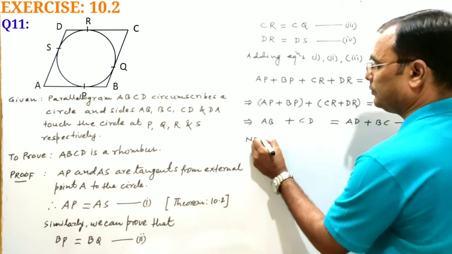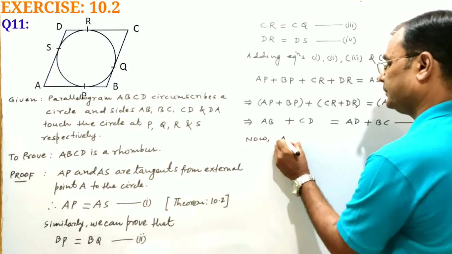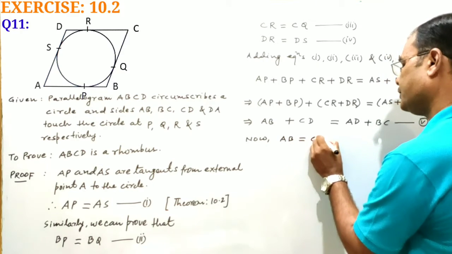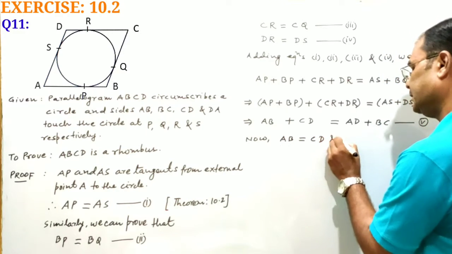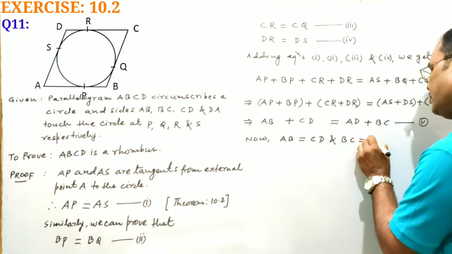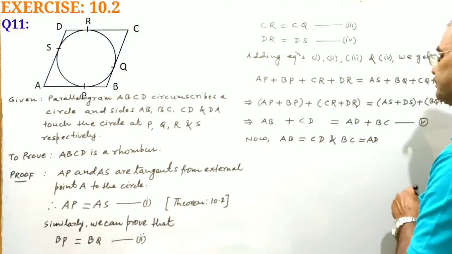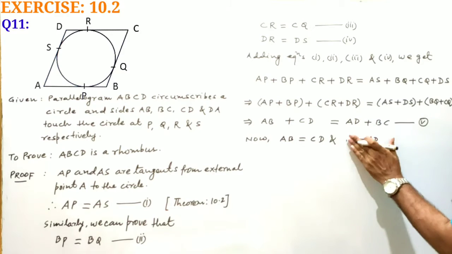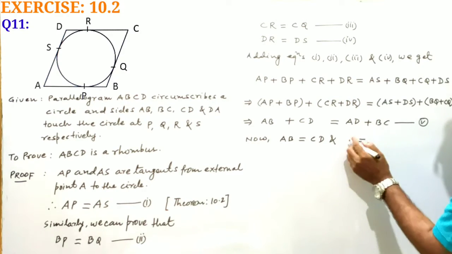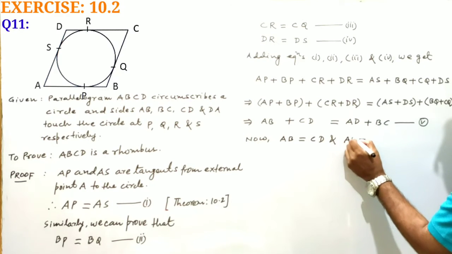Now AB equal to CD and BC equal to AD, or we can write AD equal to BC, both are the same thing.